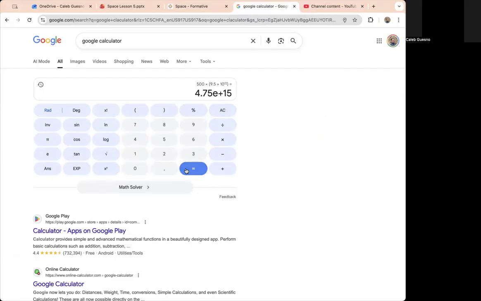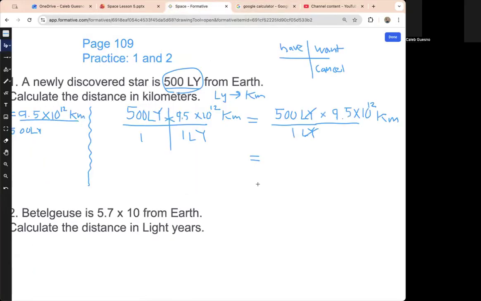Whenever it gives you this, e to the 15, it's the same thing as saying times 10 to the 15. So I'll rewrite this right here. And I'm going to change this. Edit it real quick. Times 10 to the 15. And there's our answer, and you can put a circle around it.